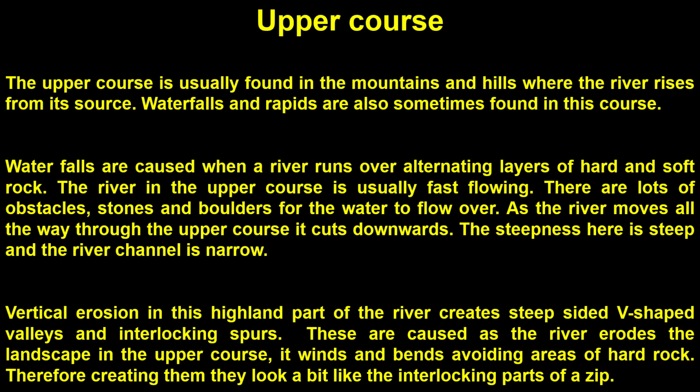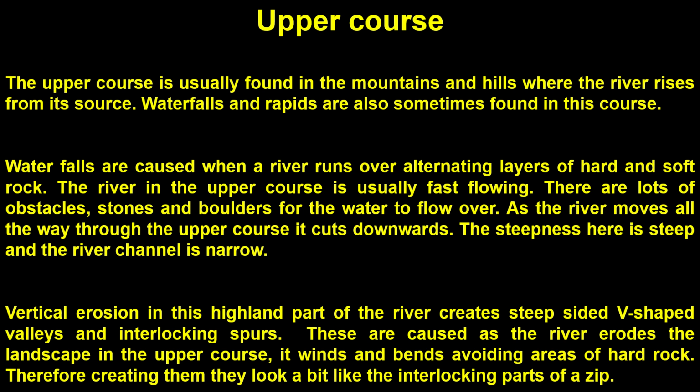That means the river is rising from the mountains, from the source. Waterfalls and rapids are also sometimes found in this course. Waterfalls are caused when a river runs over alternating layers of hard and soft rock.